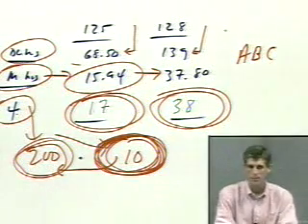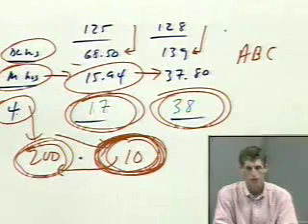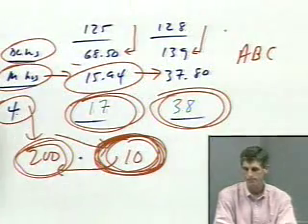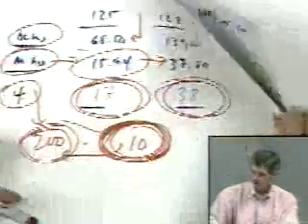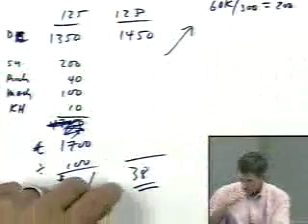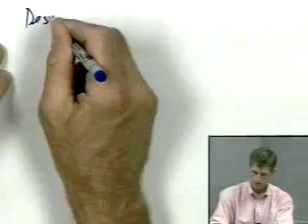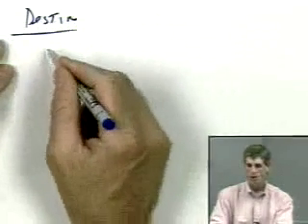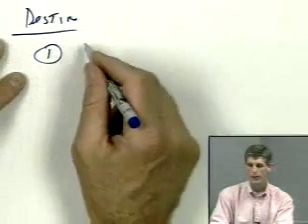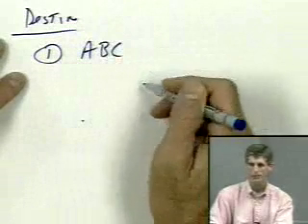Now, let's talk about Destined Brass, should you choose to attack it. Let me give you a couple of hints. Job number 1 is to create an activity-based costing system.